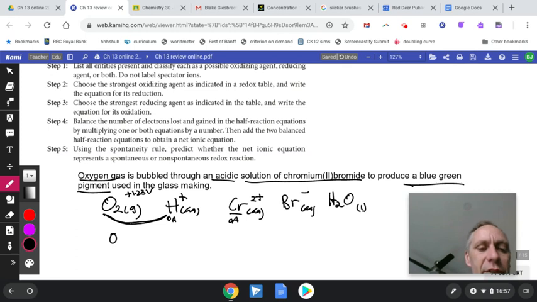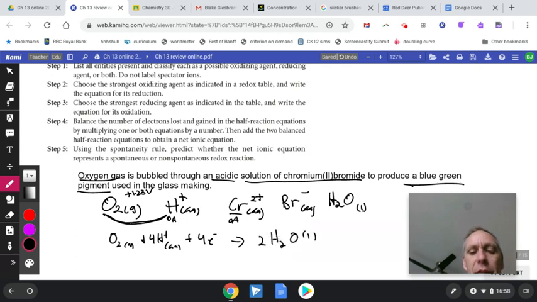So if you look at the voltage scale, you can find that half reaction. So it goes oxygen gas plus 4H plus, there's our acidic combo, and 4 electrons makes 2 waters. So there's our strongest oxidizing agent, SOA.